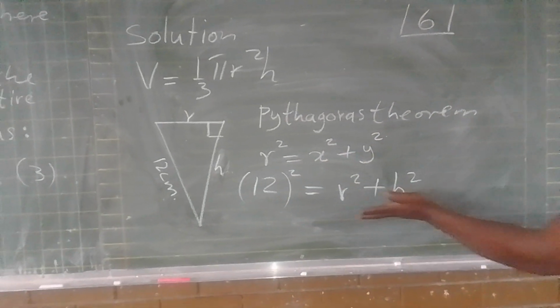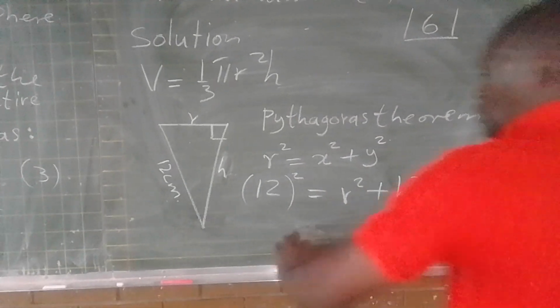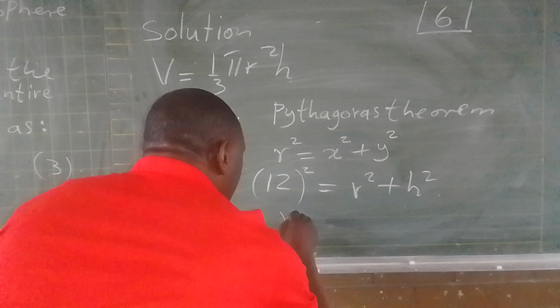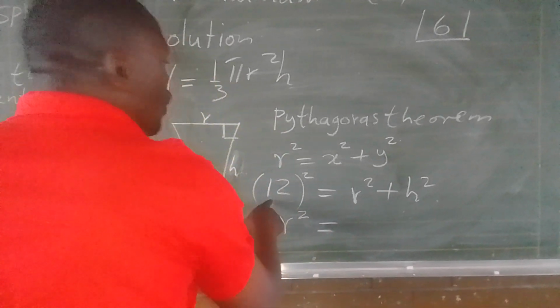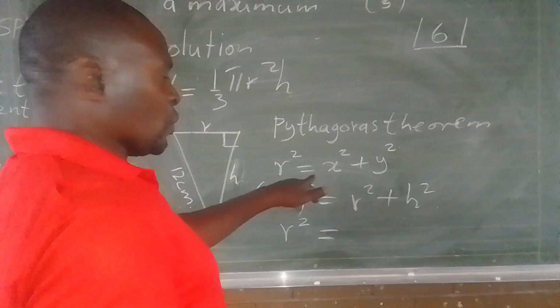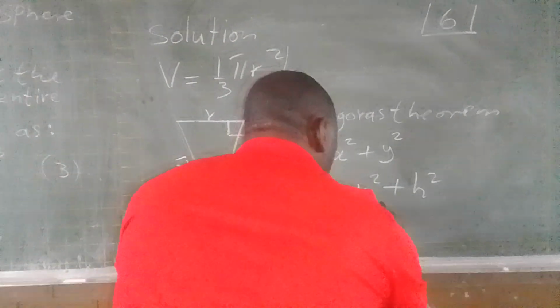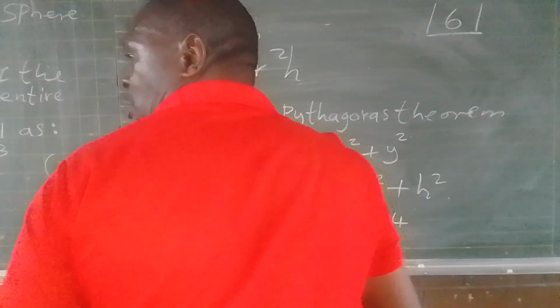Let's rearrange all this in terms of R. So we are going to say R squared is equal to, 12 squared is the same as 144. Check with me.